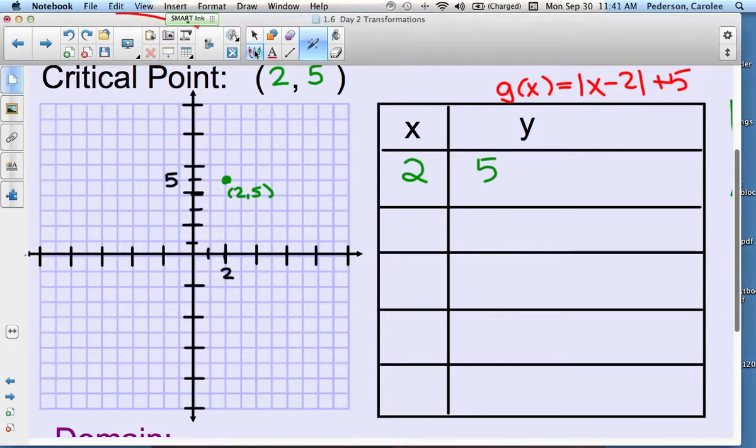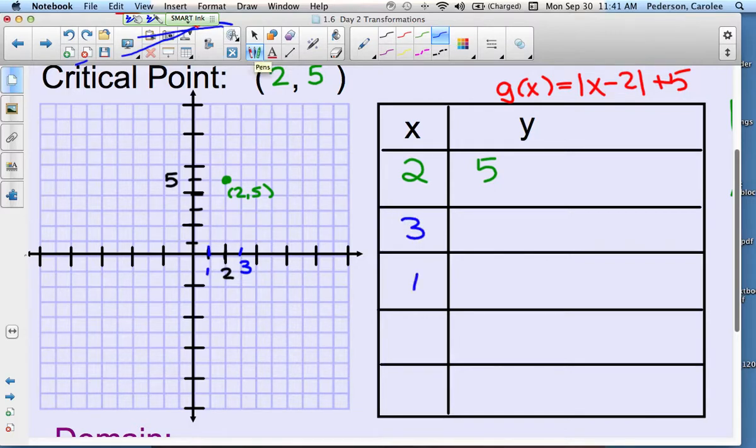So I'm going to just choose a new color. Let's choose blue, and we're going to have it be right 1, which is 3, and left 1, which is 1. And we're going to evaluate the original function right here for x.